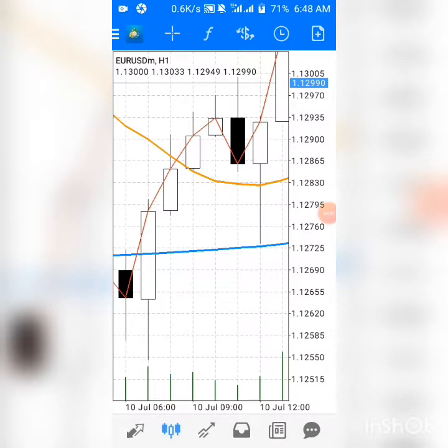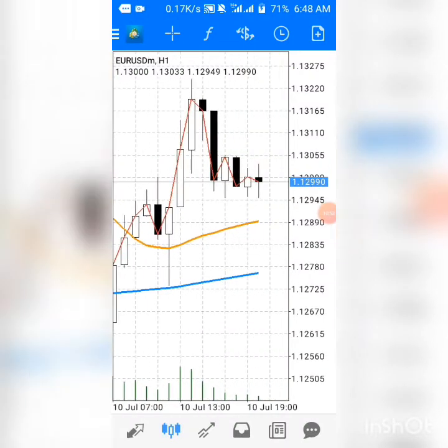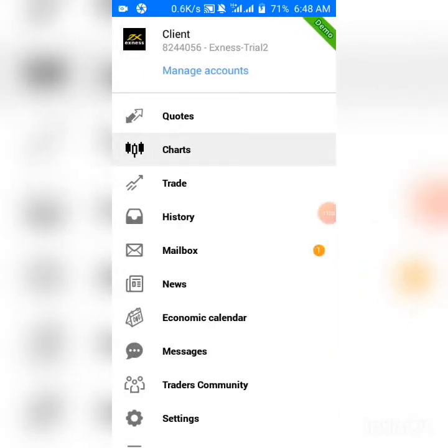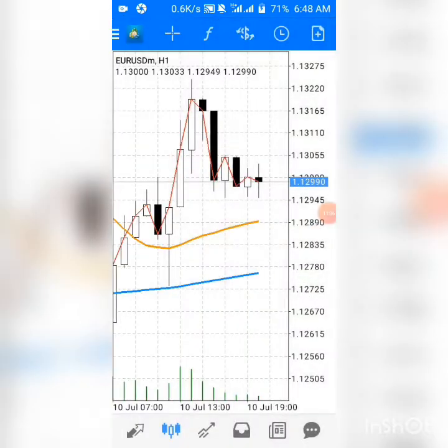Now, for a new trader, tapping the top left section will take you to your client section. Now, the next button is the crosshair.